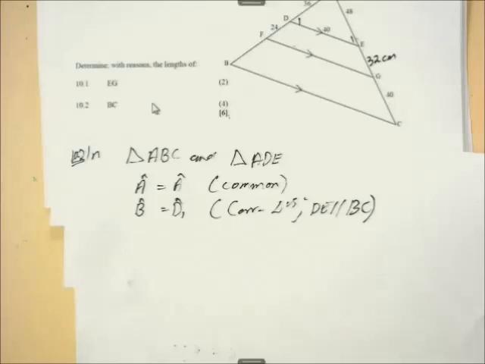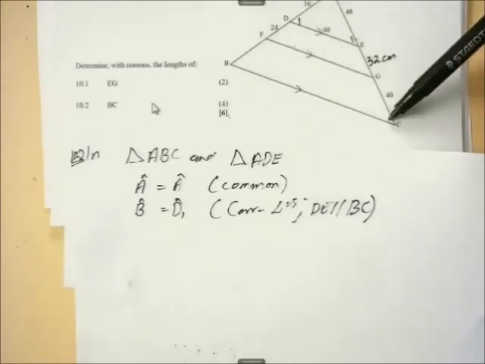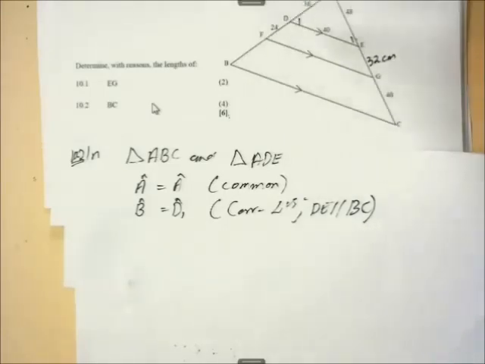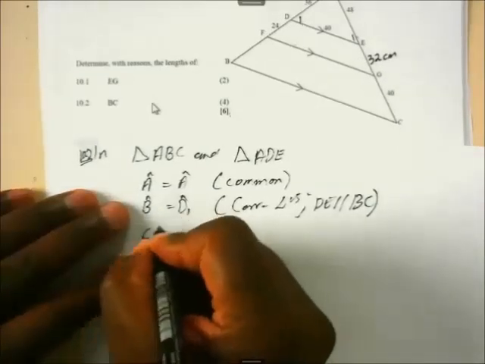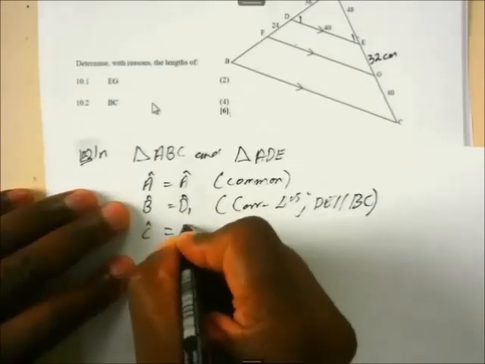Check the remaining pair. In triangle ABC, I've talked of angle A and angle B. The remaining angle here is C. In triangle ADE, I've talked of angle A and angle D1. I haven't talked of angle E1. So angle C will also be equal to angle E1.